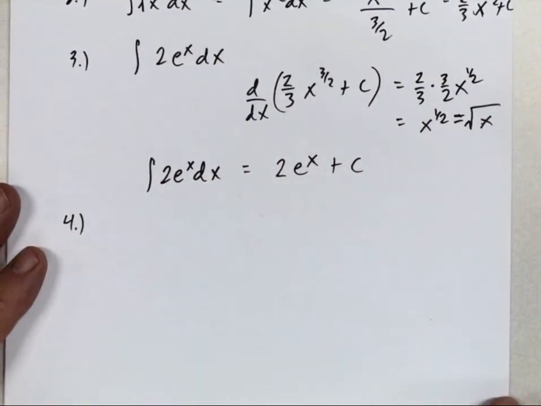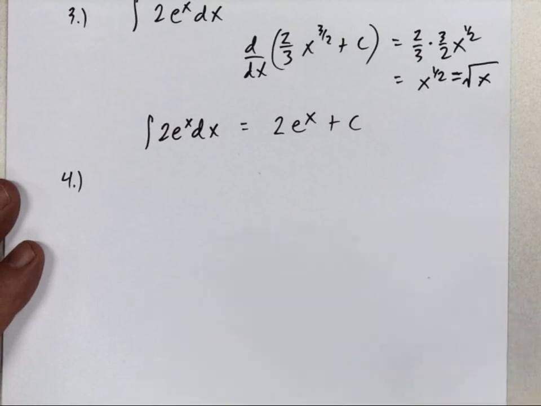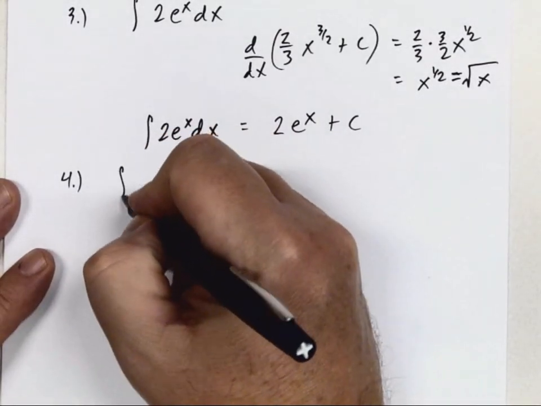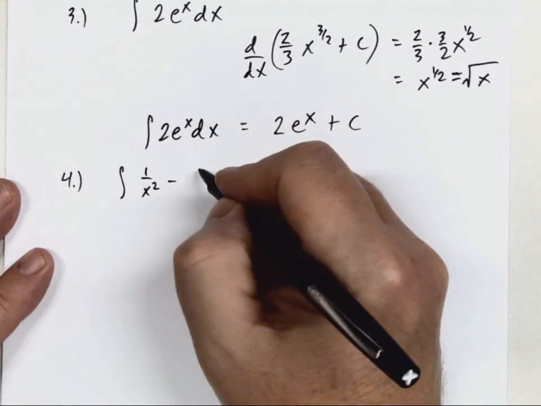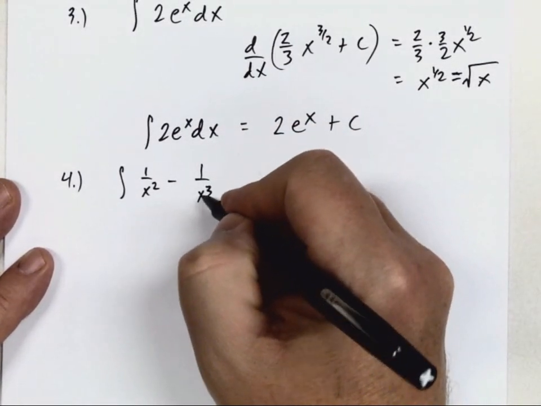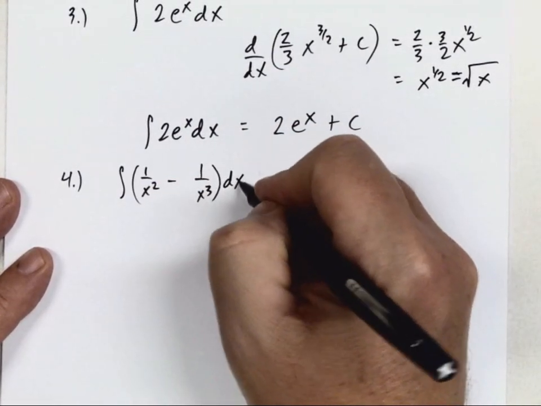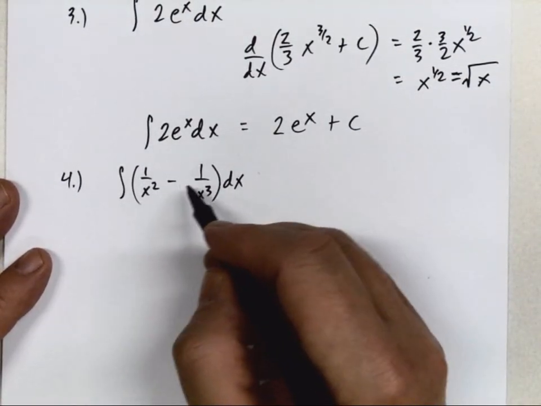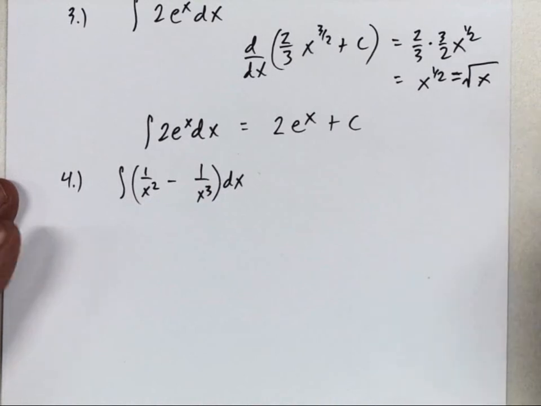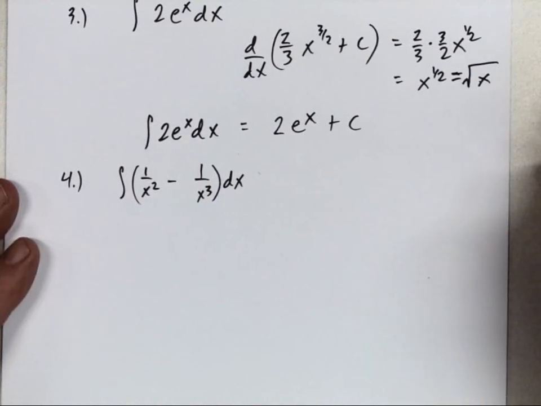All right, let's keep going. Hopefully you're not finding these too difficult. Number 4 is the integral of 1 over x squared minus 1 over x cubed. So once again, two different terms, and we just take the integrals separately.